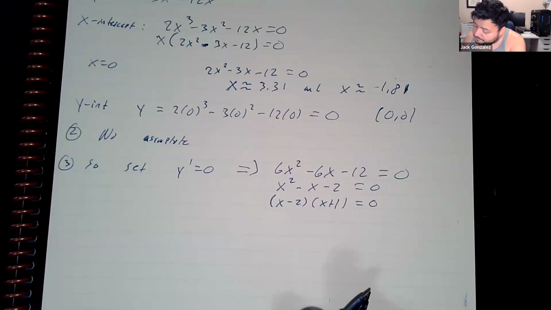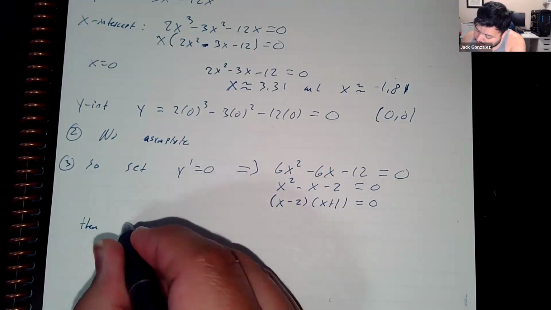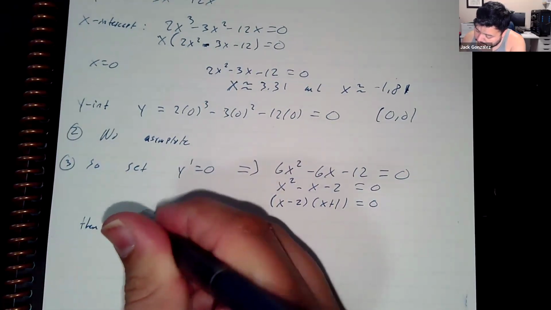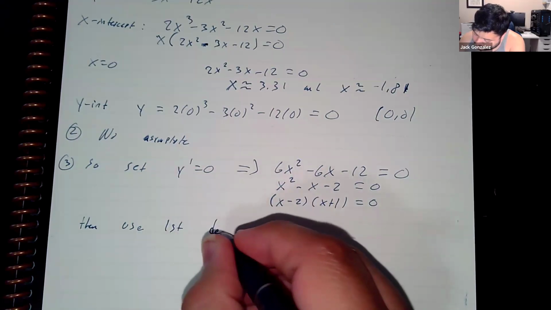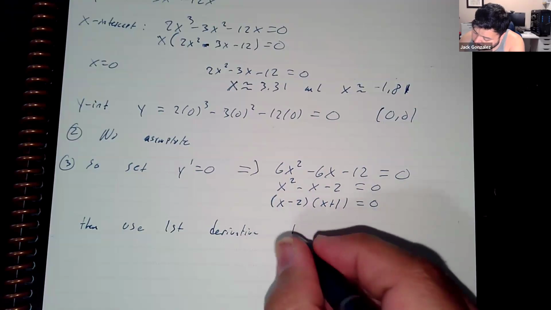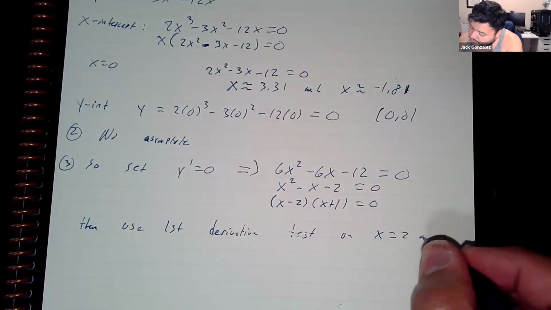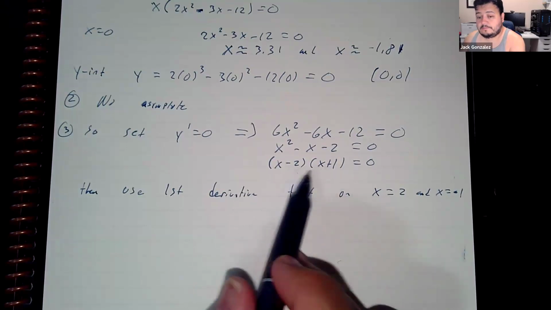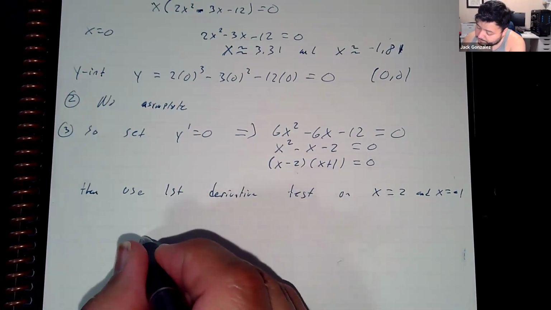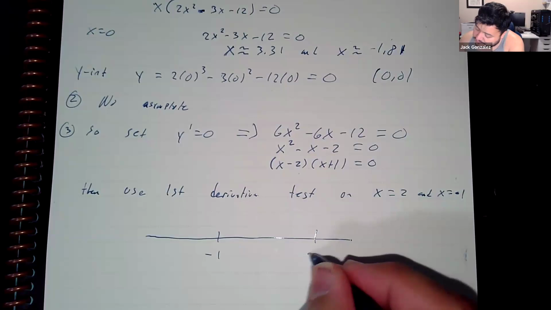So we're going to have to do the first derivative test. x equals 2 and x equals negative 1, right? So that would be your critical numbers from here. Just skipped a small step, trying to shorten this long question as much as I can.